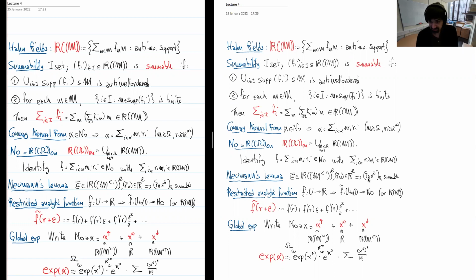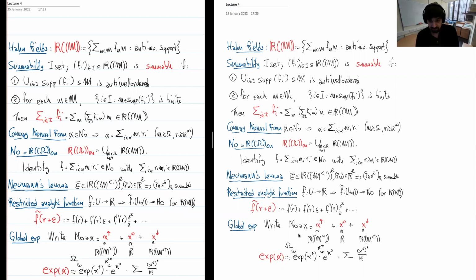The claim is that this is summable, and the application is that then you can define analytic functions on your Hahn field just by using Taylor series, and by the summability you can make sense of this infinite sum here.